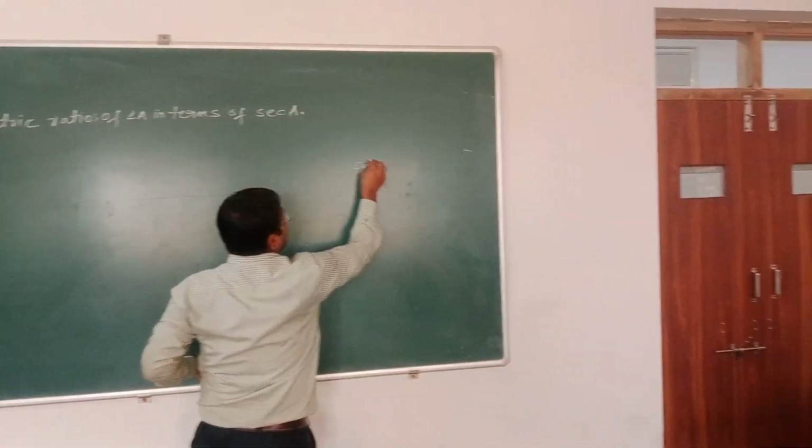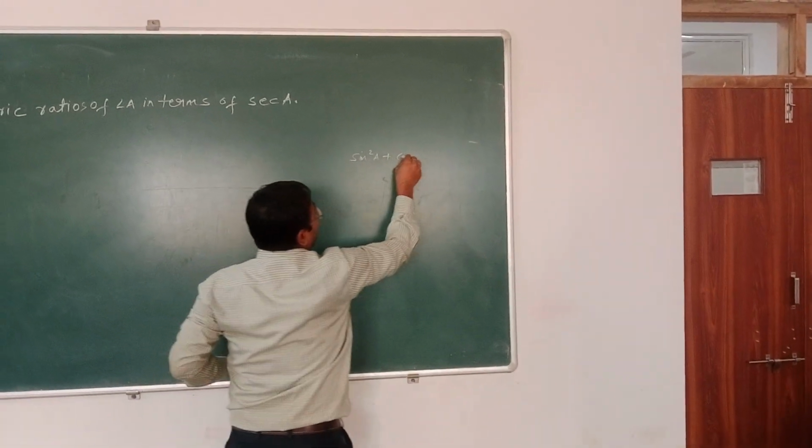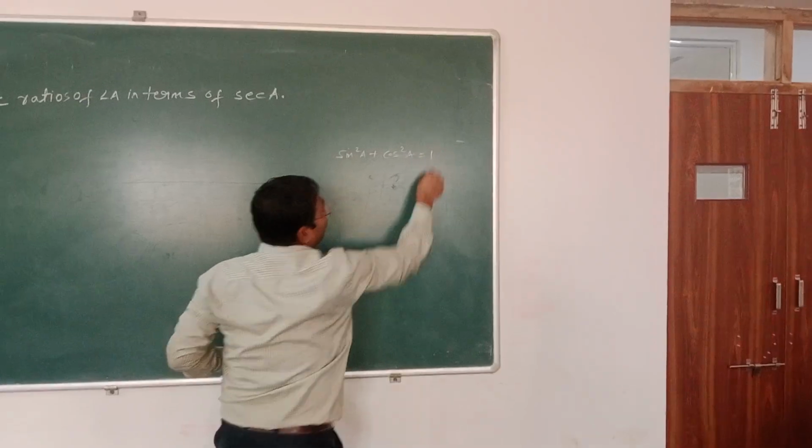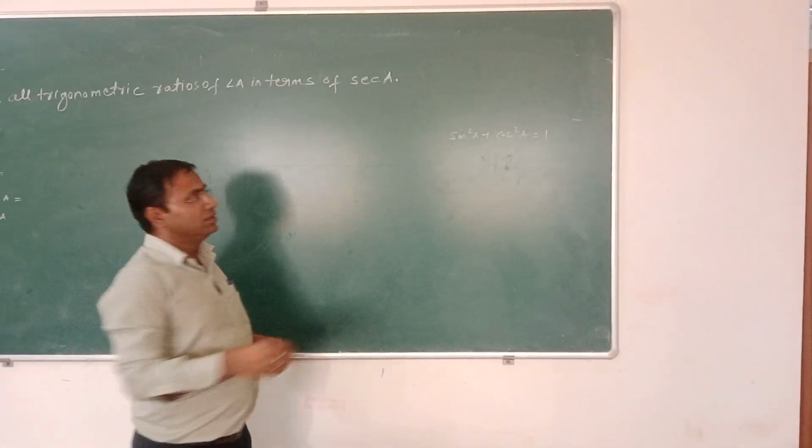First identity is what? Sin square A plus cos square A is equal to 1. You know this.